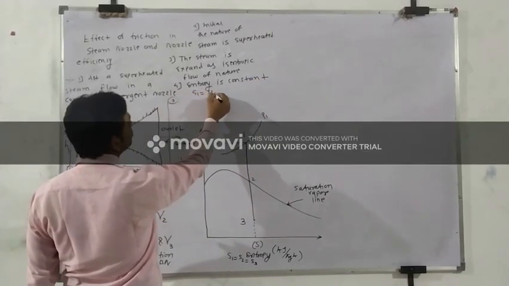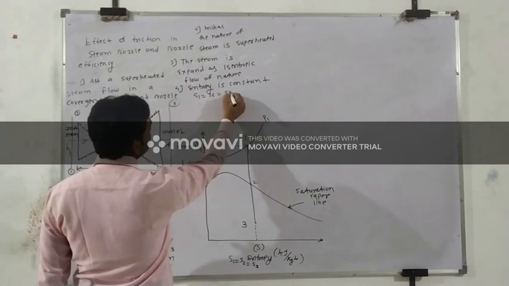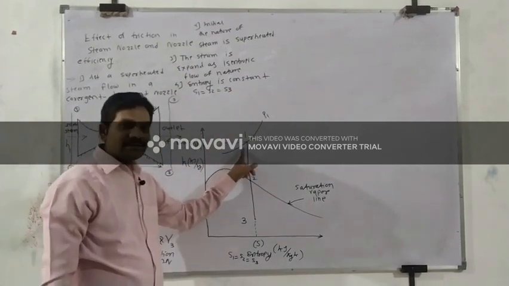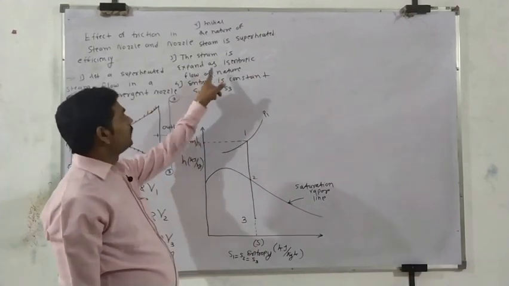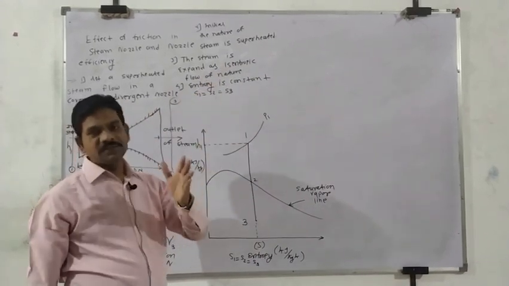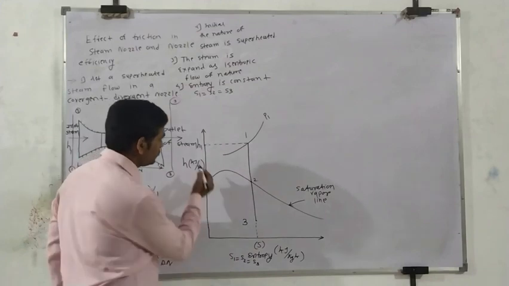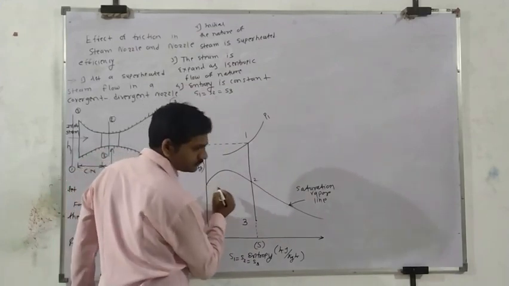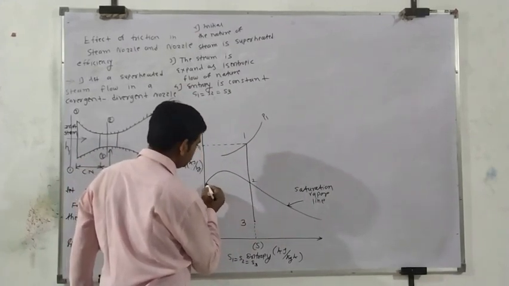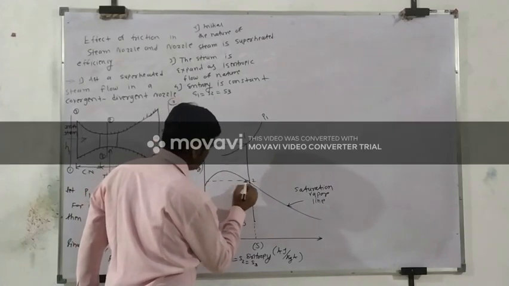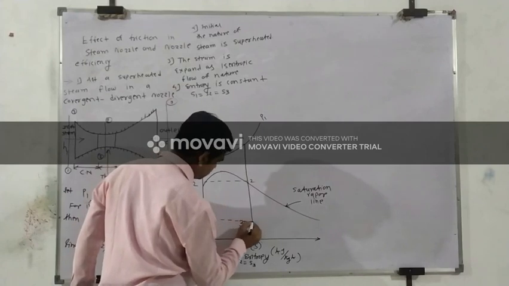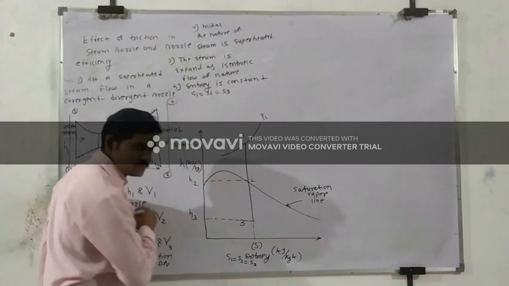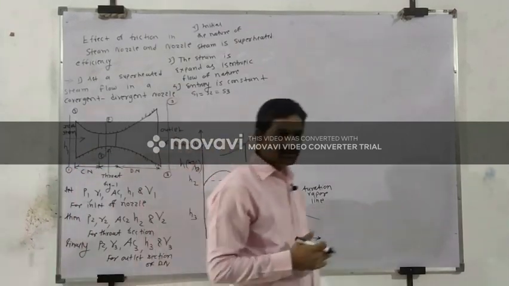S1 equals S2 equals S3. But enthalpy is continuously decreasing, in which type of flow? Isentropic flow of steam through the nozzles. Okay. So this is H1, this is H2, and this is the enthalpy H3. Yes or no? Yes. I plotted all this curve.